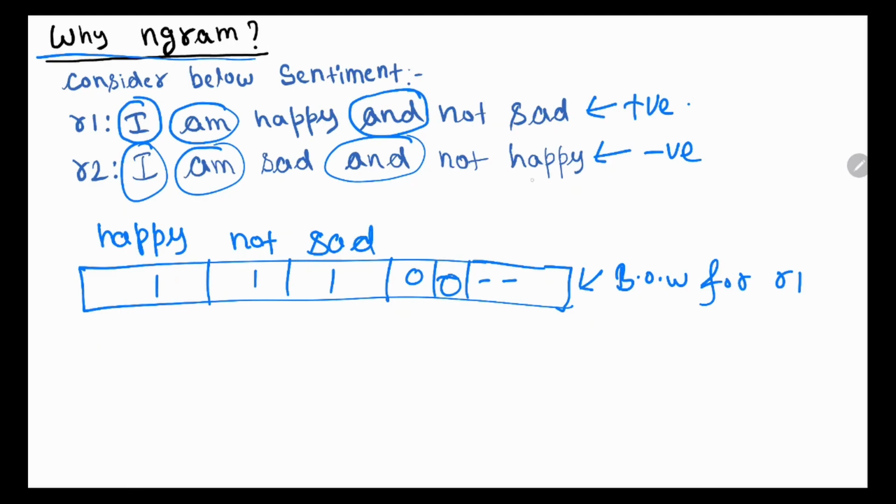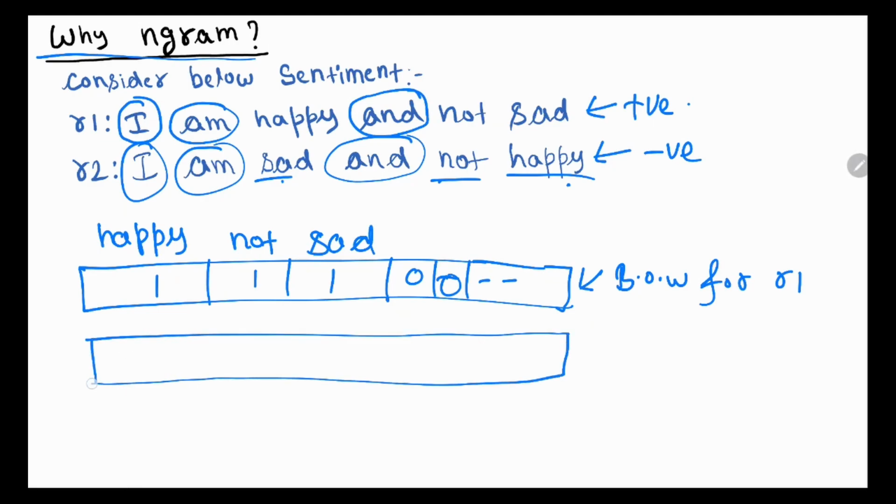We have exactly the same words for R2 as well: happy, not, sad. Since the order doesn't matter in bag of words features, it will be the same for both sentences. So if we construct the bag of words for R2, it will be exactly the same: happy one, not one, sad one, remaining all 0.